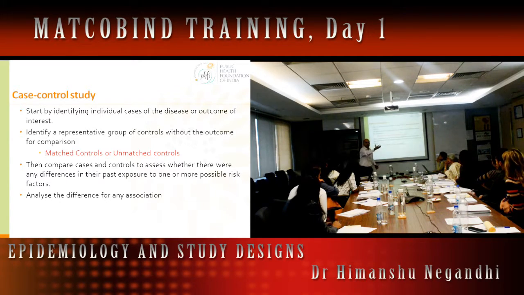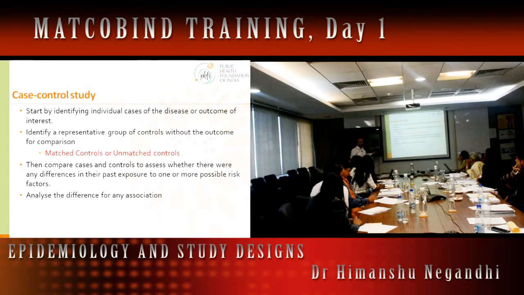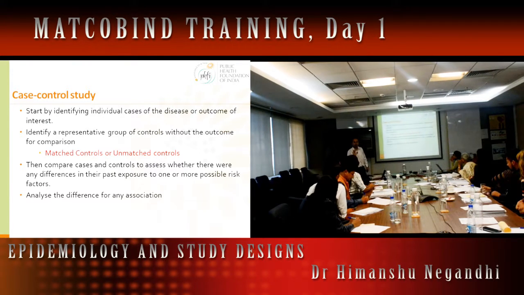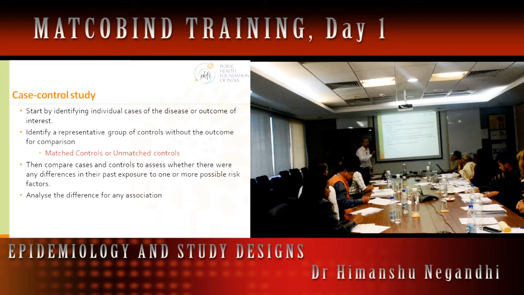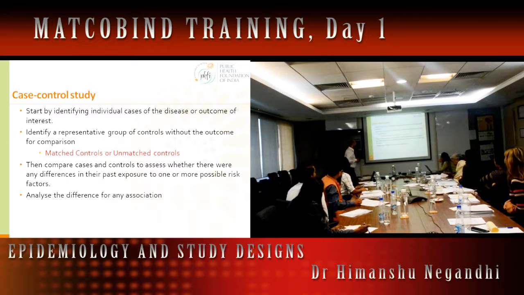She wears a helmet when she rides a two-wheeler, or she doesn't wear a helmet; risk-taking behaviors, I can't match on unknown variables. So remember that whenever you do a case control study and you match on something, you're matching on observed factors. You're matching on things that you can see, you can ask, you can do a test or analysis and so on. But you can't ever match on unobserved factors.